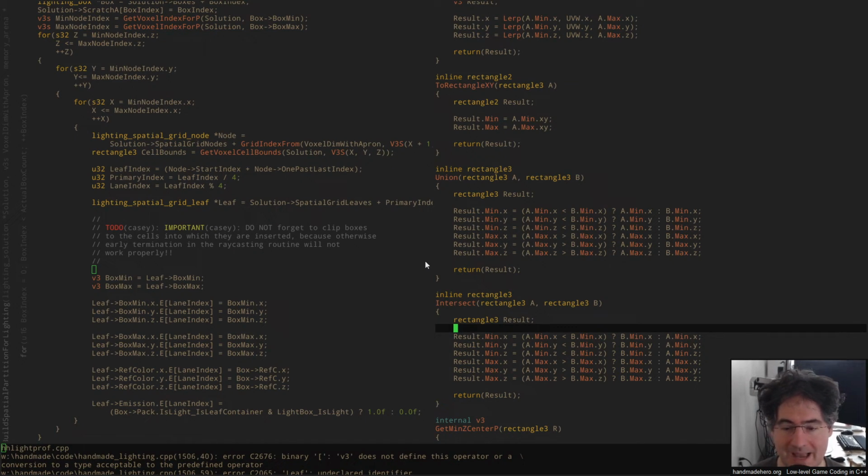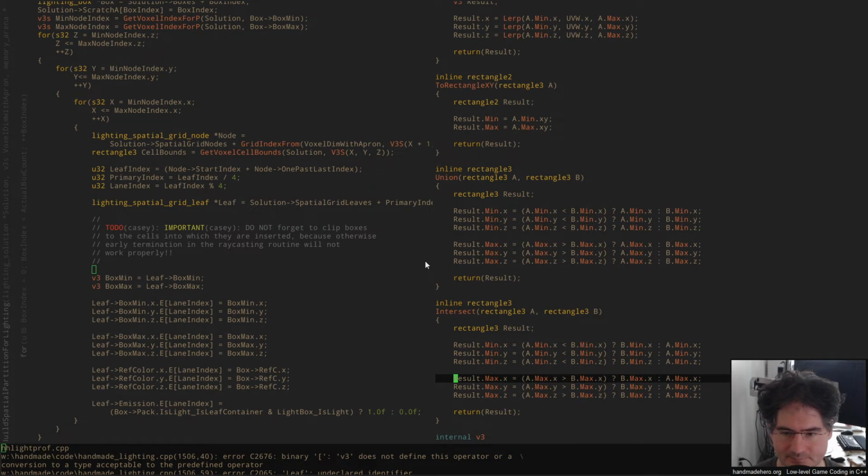So you take the maximum value for the minimum and the minimum value for the maximum instead of the other way around. So here, for example, if A is less, then we actually take B, right? Whereas in this case, if A is less, we take A. And then the inverse is true for the maximum values, right? So, not rocket science, but that's the idea.